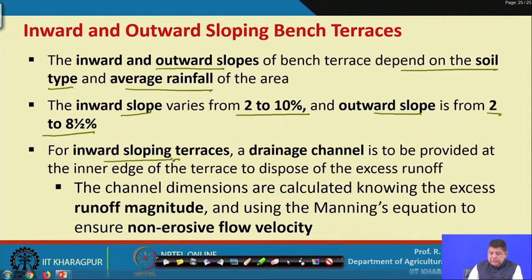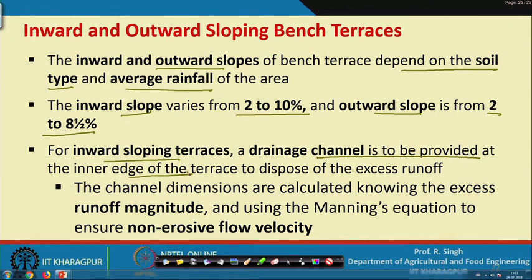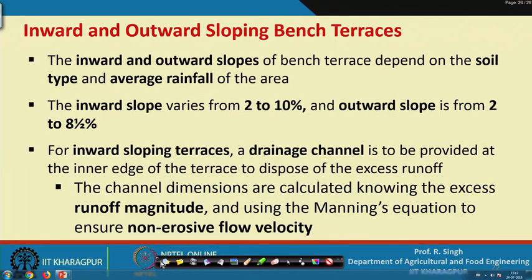For inward sloping terraces, a drainage channel is to be provided at the inner edge, that we have already seen, to dispose of the excess runoff, and channel dimensions are calculated knowing the excess runoff magnitude and using Manning's equation to ensure non-erosive flow velocity. So, runoff magnitude has to be of course found out, and then Manning's equation has to be used, so that flow velocity remains non-erosive, so that there is no erosion taking place in the channel.